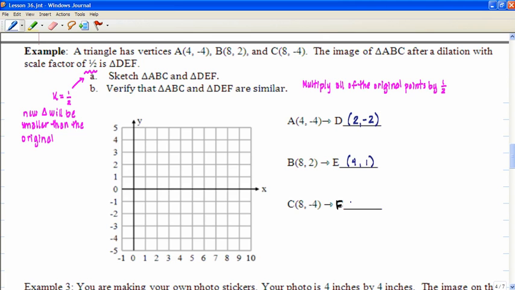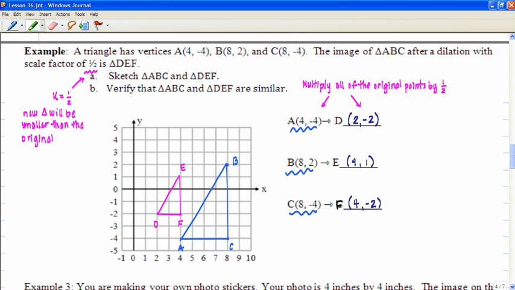And 1/2 of 8, -4 will become 4, -2. Okay, so let's go ahead and graph both my original and my new triangles. Okay, so here's my original triangle, triangle ABC. Okay, now we have everything graphed.